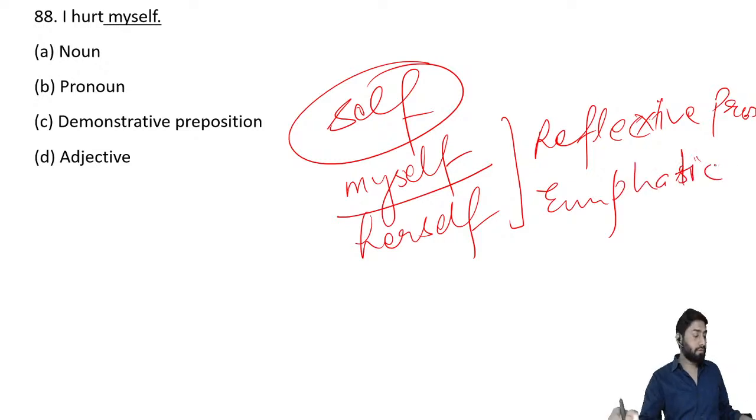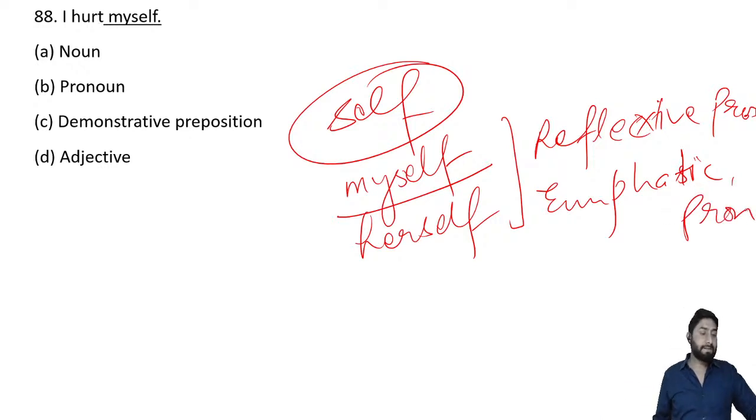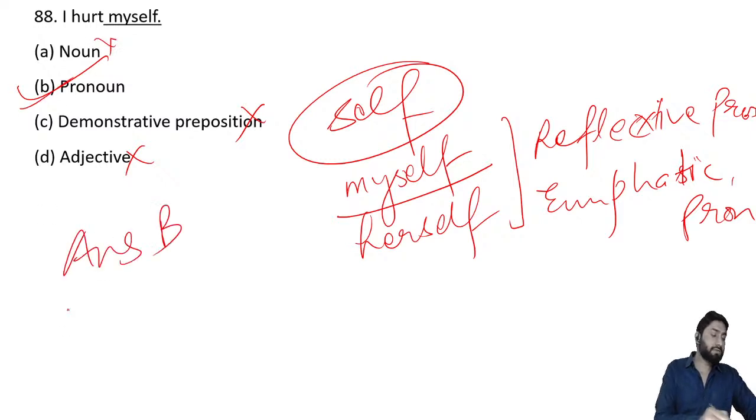So anyway, hurt myself, it's a pronoun. It's not a noun here, not a demonstrative, not an adjective, nothing. So pretty easy again. So the answer is B, 88. Let's move to the next one.